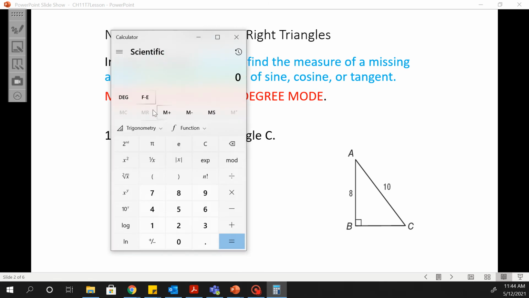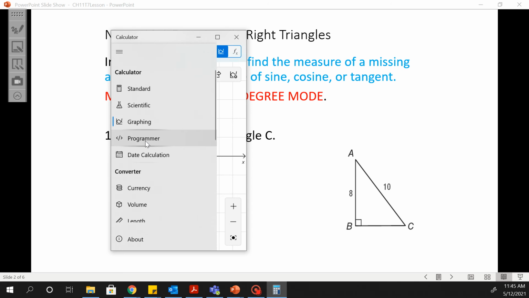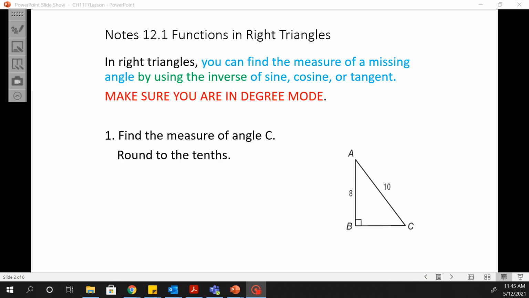Okay, so let me put that in my calculator. Sine inverse, and this calculator doesn't have it, actually. So let me use the Desmos calculator.